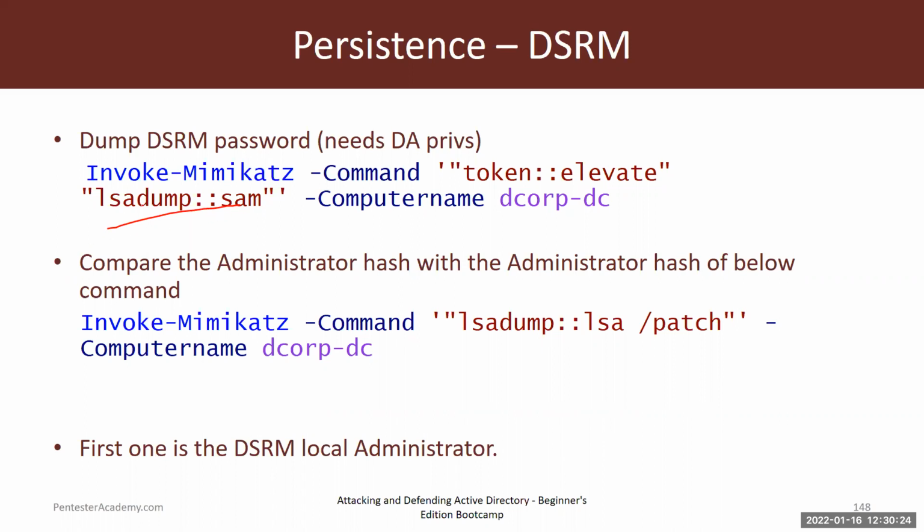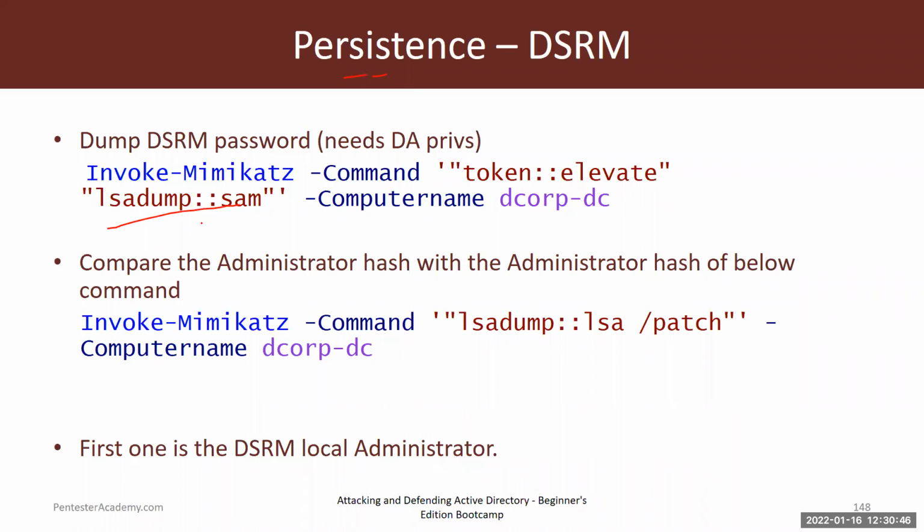Of course you need domain admin privileges to do that, as we are still in persistence. If you extract credentials from the SAM Hive, you will get the secrets for an administrator user, and that administrator is not the default domain administrator, that is the DSRM local administrator.